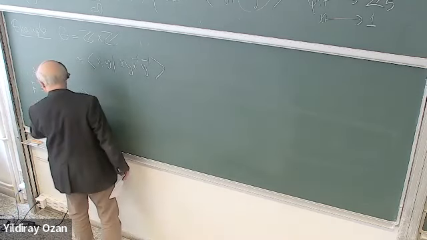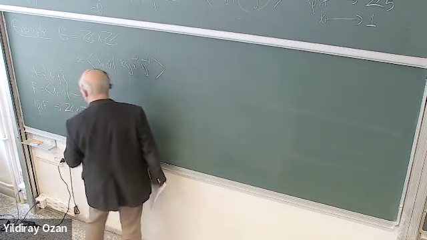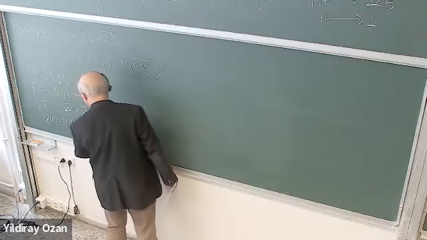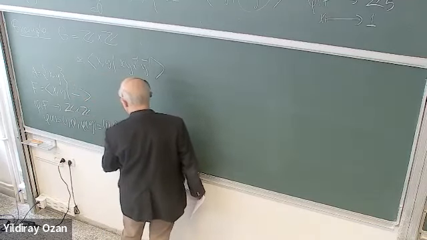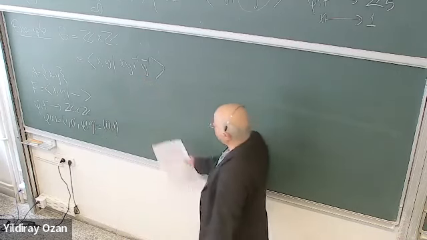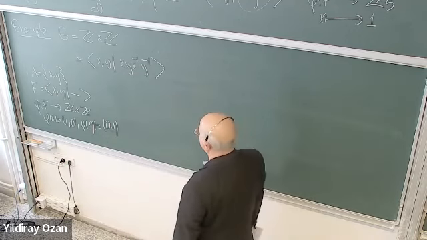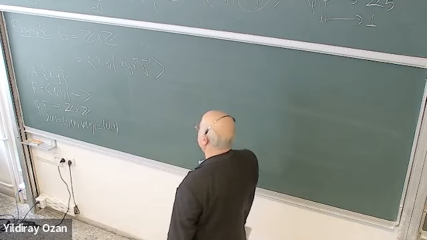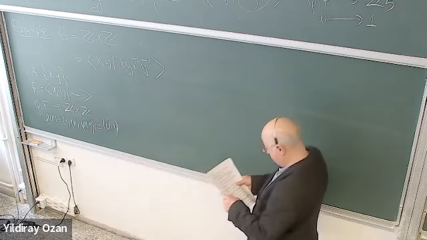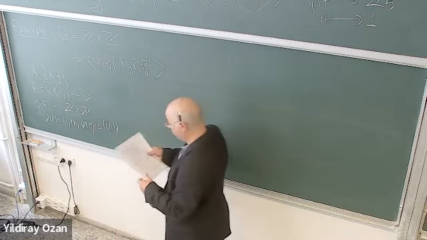And I take phi from F to G, sending X to (1,0) and Y to (0,1). Then you can check that this element is in the kernel, and this gives a presentation for the group Z plus Z.